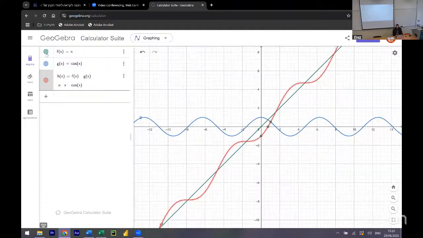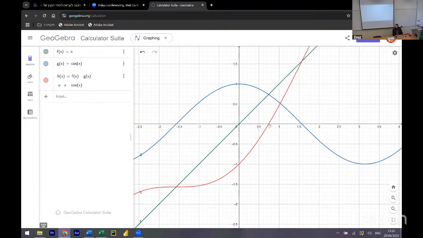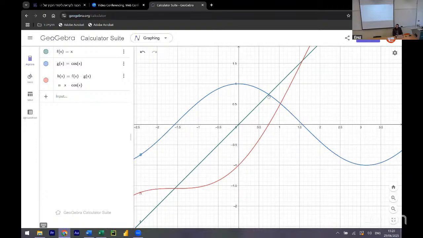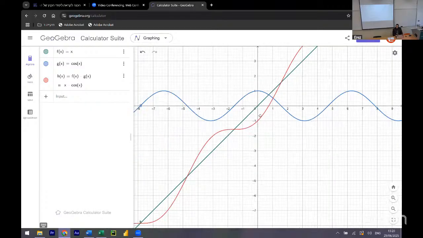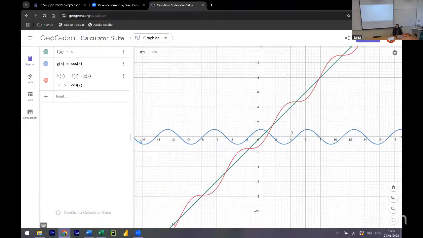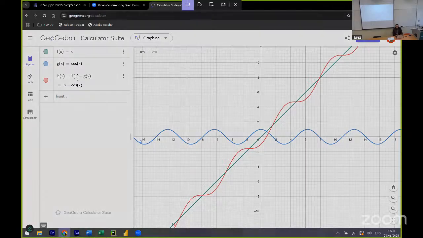And what can you say about the red function, the difference function? It's always increasing. Therefore, it has at most one root. And when does this root appear? Exactly when the two functions meet each other. So that's a graph of the question we just saw.